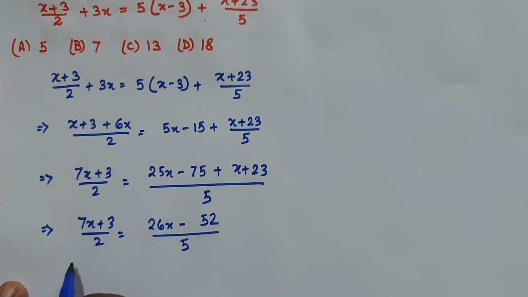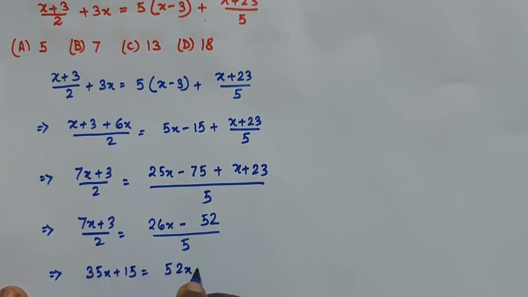Okay, now we will do the cross multiplication. So 5 into (7x + 3), that means 35x + 15, and 2 into (26x - 52) is 52x - 104.